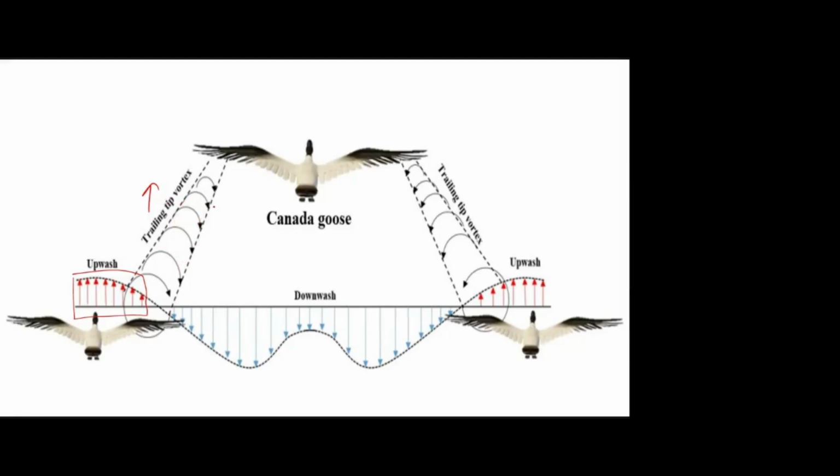Outside it is upward, inside it is downward. Here it is downward, here it is upward. So outside this wing tip vortex, there will be an upward flow component that is called upwash. And inside, on the right hand side, there will be a downward flow component like this. This we call downwash. Is that clear? Upwash, downwash.